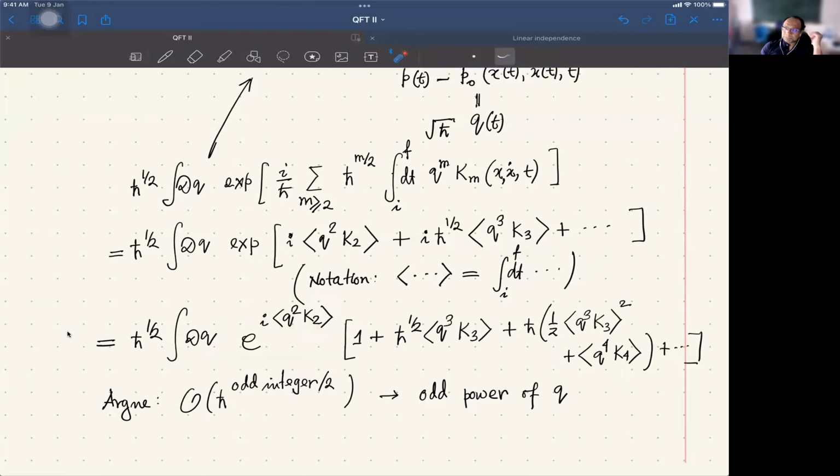So you can replace q by minus q, and it will just multiply the entire result by -1, which means it must be 0. So this type of integral vanishes. Therefore only integer powers of ħ will remain in the expansion.